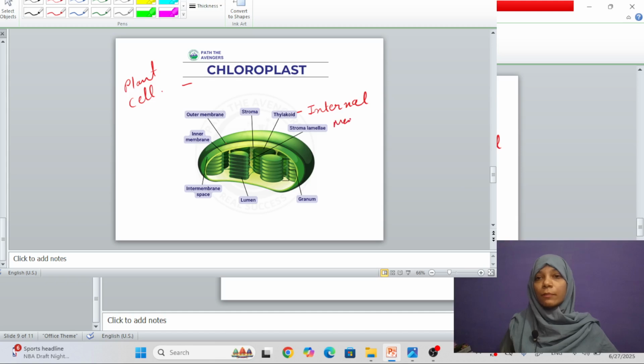The internal membrane makes a structure like this. This one is called granum, and this one is also called granum. This structure is made up of thylakoid membrane.